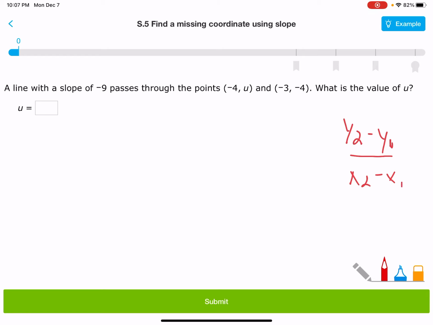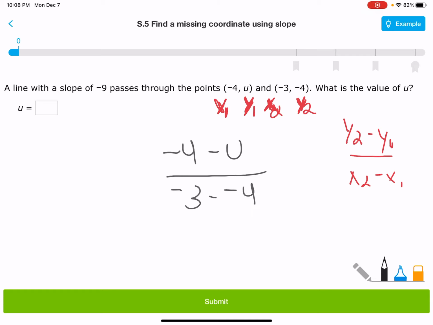These are our y's, these are our x's. So we could say this is x1, x2, y1, y2. We write the formula out: negative 4 minus u over negative 3 minus negative 4. That's going to equal our slope of negative 9.